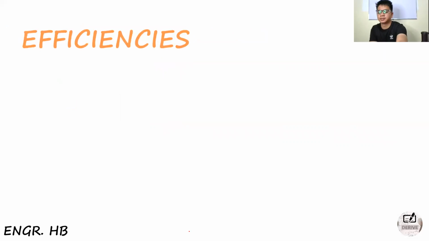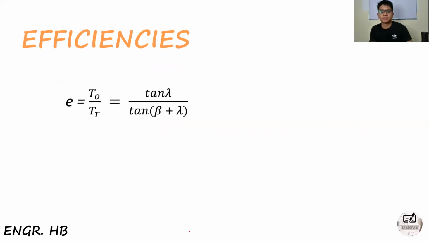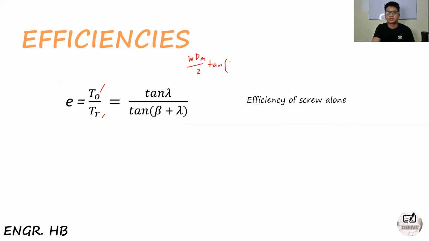So sa efficiencies naman tayo. So meron tayong dalawang efficiencies. So ano yun? Ang una is your efficiency of screw alone, which is the ratio of the TO divided by the TR. So para ma-derive mo to at hindi mo natandaan to, we all know that the TO is W DM divided by 2 times tangent lambda only, kasi nga sinero mo na yung beta dyan.